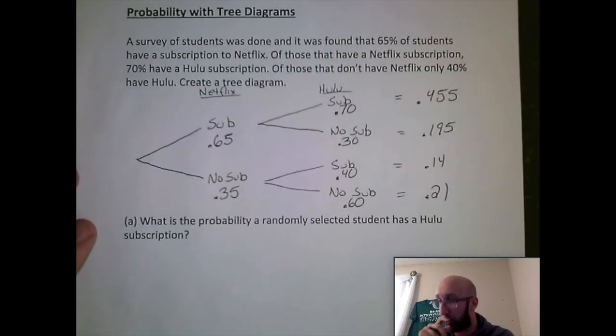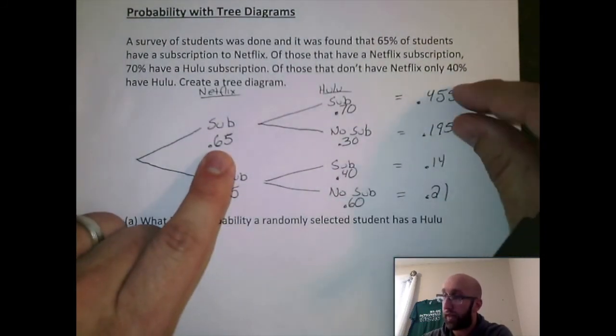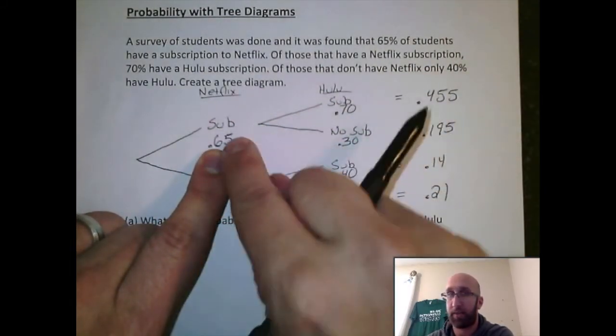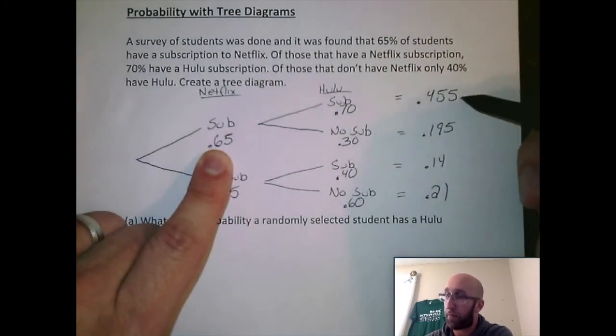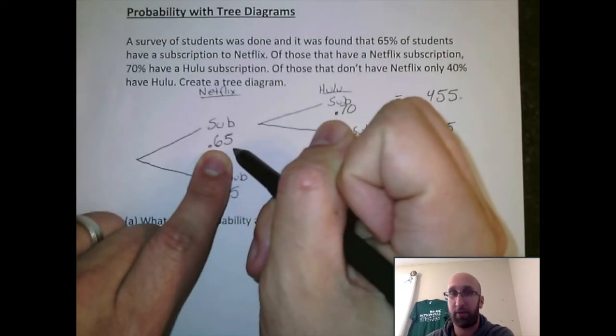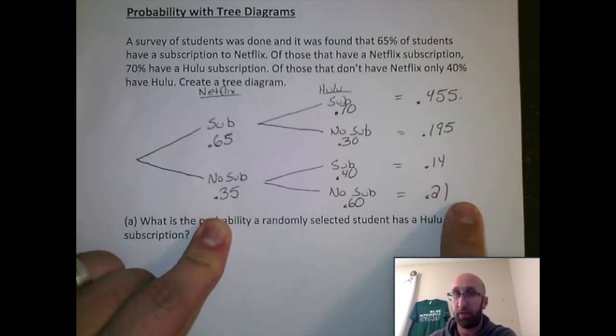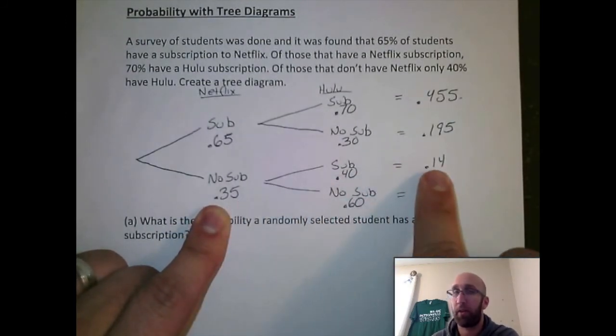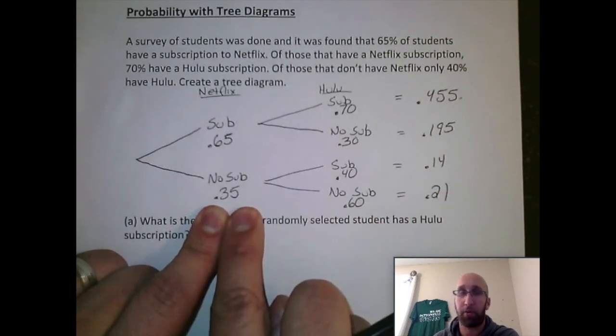One last thing I'm going to show you is these two numbers are connected back to this point. If you take 0.455 and 0.195 and add them together, guess what? You get 0.65. Down here, these two numbers are connected back to this no subscription point. You add these two together, 0.35.